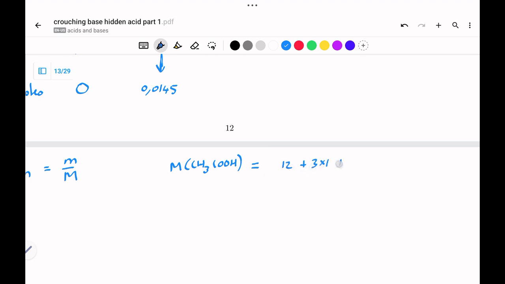I've got 3 hydrogens, got another carbon, got 2 oxygens, and 1 more hydrogen. And that gives me 60 grams per mole.